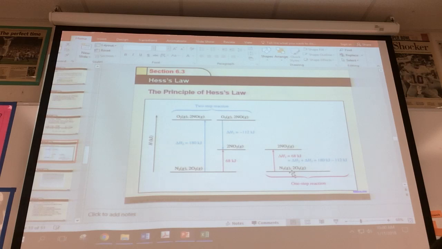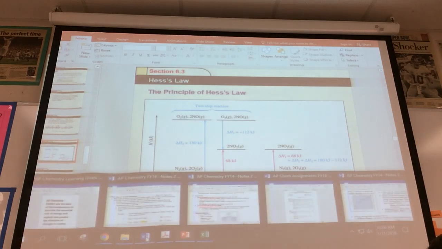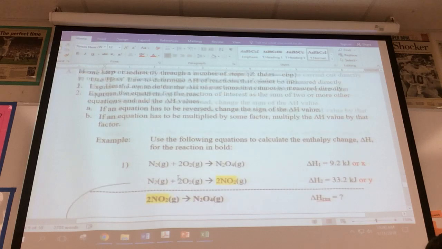Alternatively, you could do this in a multi-step process, which I'll show you not with this example, but rather here.